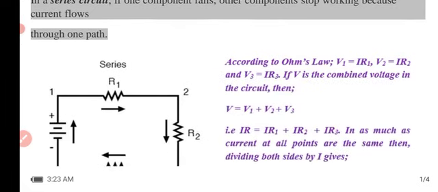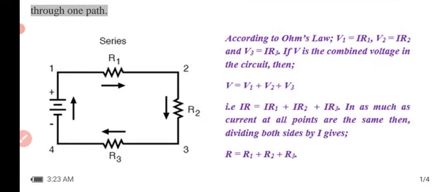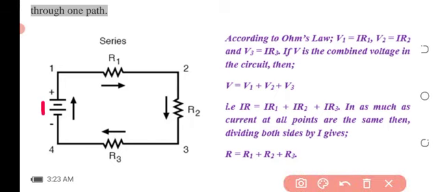Let's quickly look at all this explanation. Looking at what we've been talking about, this is an example of a series circuit. You can see the source of potential difference, and we have loads R1, R2, R3.